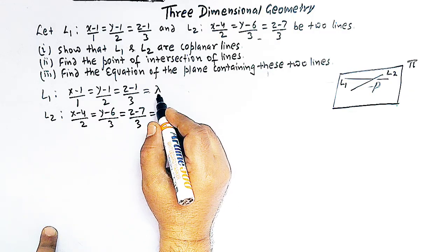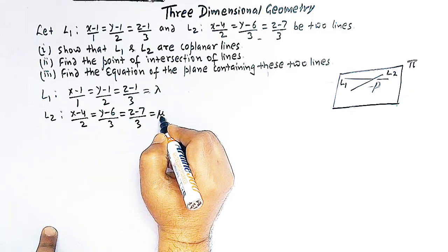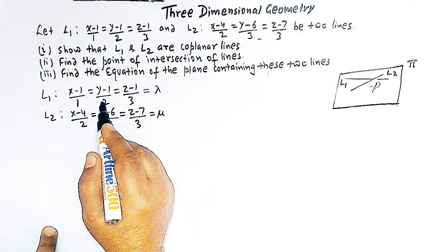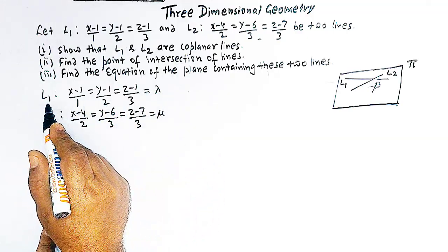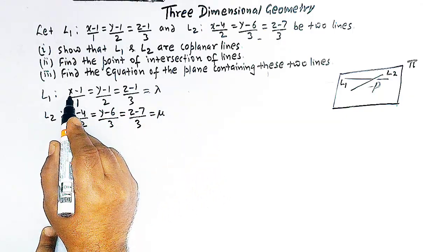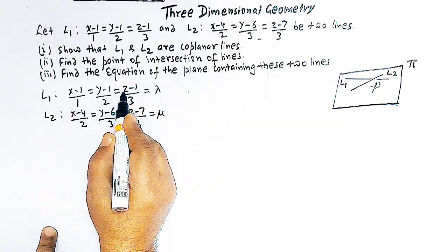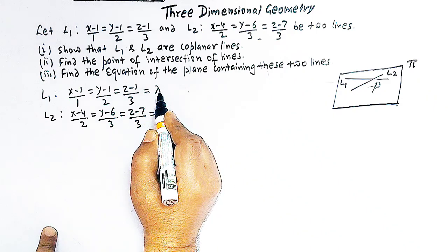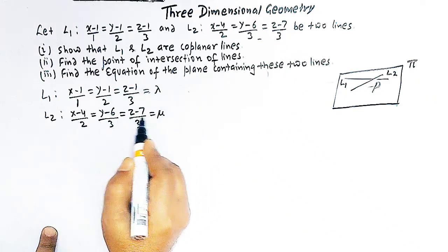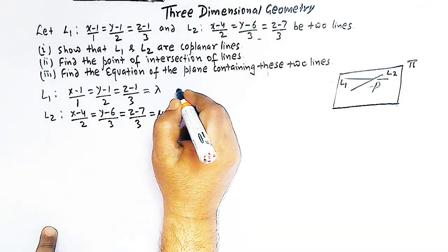So the purpose of introducing lambda and mu is to get the coordinates of the general point lying on the lines L1 and L2, right? So let us find out the value of x, y and z in terms of lambda, and the value of x, y and z in terms of mu, right?